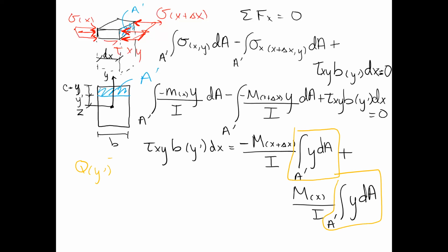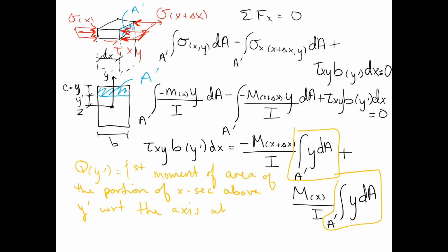And Q is defined as the first moment of area of the portion of the cross-section above Y prime with respect to the axis about which bending occurs.